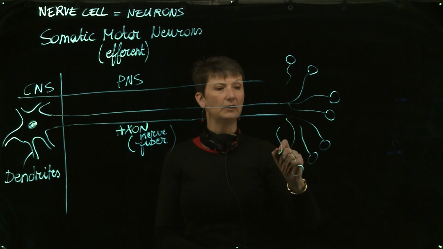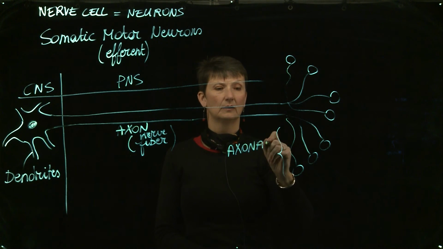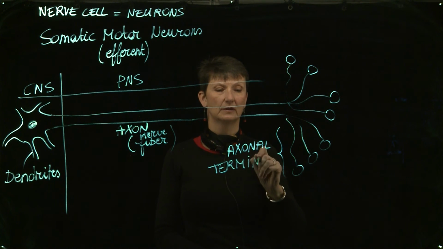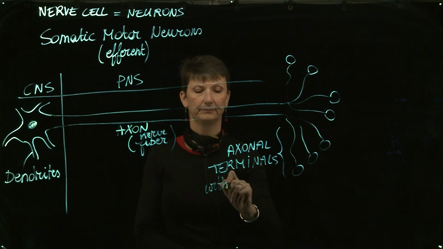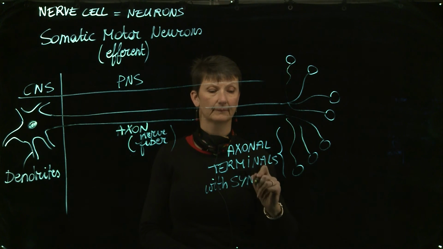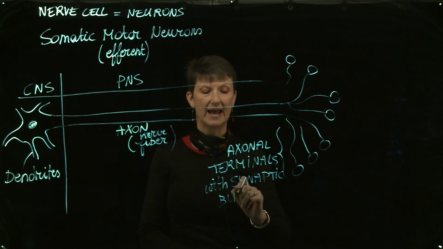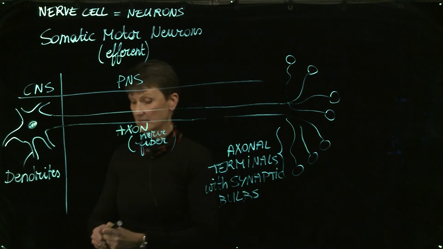So we call these axonal terminals with synaptic bulbs. And you'll see why they're called synaptic bulbs. They help form a synapsis.